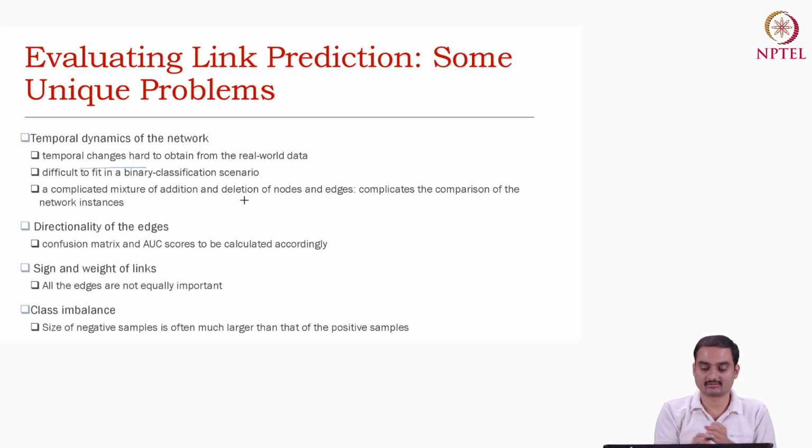We do not consider deletion of edges. That is also a problem. We generally do not explicitly consider the sign of an edge, whether it is positive or negative. We do not consider the weight of an edge, the direction of an edge, right? Link direction prediction is again a separate problem statement, right? And of course, the class imbalance problem itself is a major setback here.